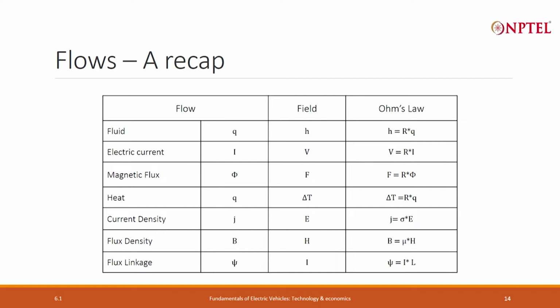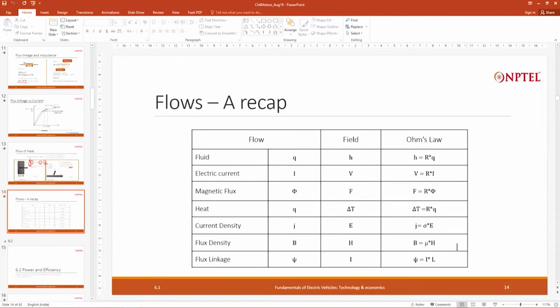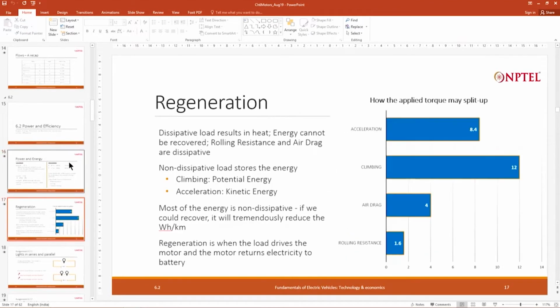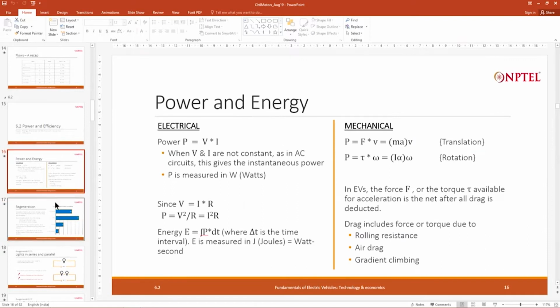So, this is broadly what we covered last time, and then we went on to examine what is power, how is it related to energy, how is mechanical power related with electrical power, and the losses along the way which contribute to loss of power, and therefore, the efficiency is always less than 100%.